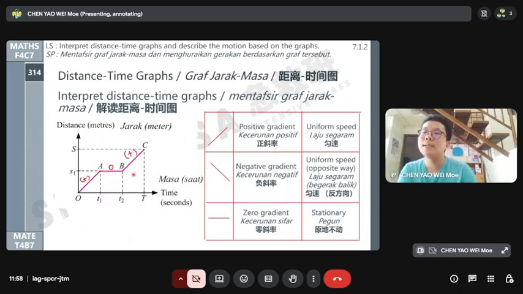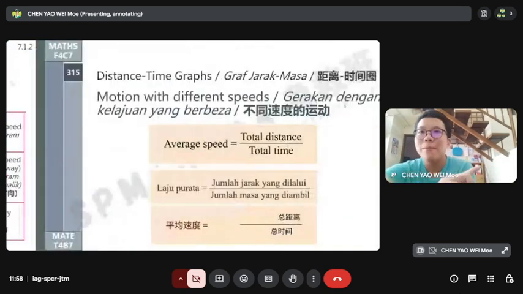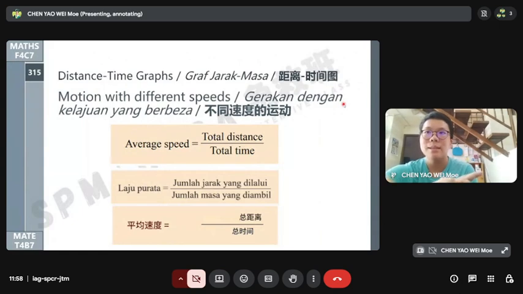But if it is like this, it means stationary, the object or the particle does not move. We can use distance time graph to determine speed, right? Determine the average speed. Jumlah jarak yang dilalui dibahagi dengan jumlah masa yang diambil. I think you learned in Form 2, Chapter 8.